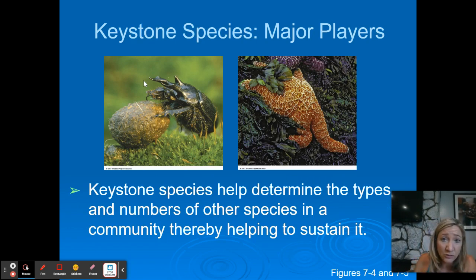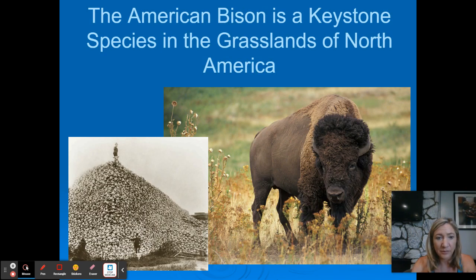Another trigger word: keystone species. Keystone species are really important for an ecosystem's success. That's why they're called keystone species. They help to determine the type and the number and the balance of the community. These aren't the best examples here.